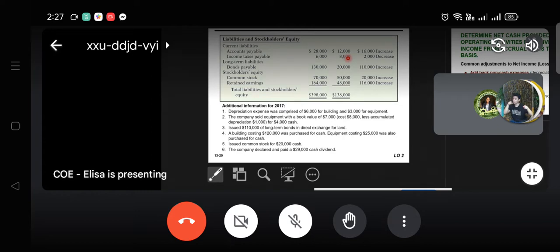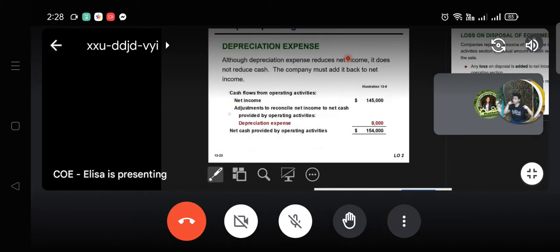You paid, right? Your tax was 8,000, and by 2017 it was only 6. So, you paid 2,000. So, that will be a reduction from cash.